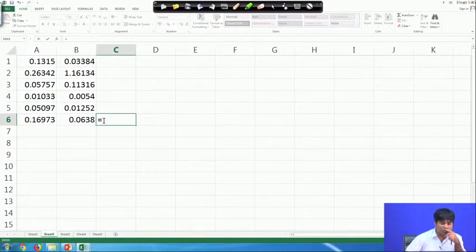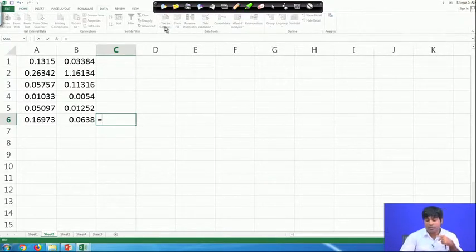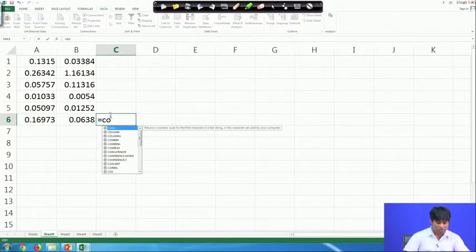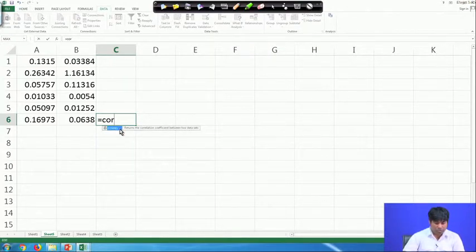So what will it do? Otherwise you can go to Data, then the Data Analysis package. Here you will find Correlation. If you select Correlation, it will show the correlation coefficient.